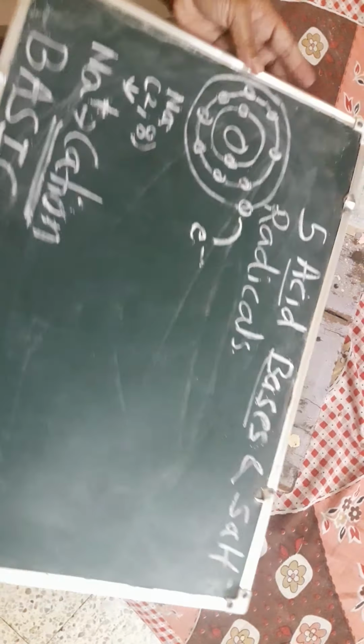Litmus is an indicator to determine whether the given solution is an acid or a base. There are two types of litmus papers, blue litmus and red litmus. If you take an acidic substance and dip blue litmus paper in acid, blue turns red but red remains red, meaning no change.